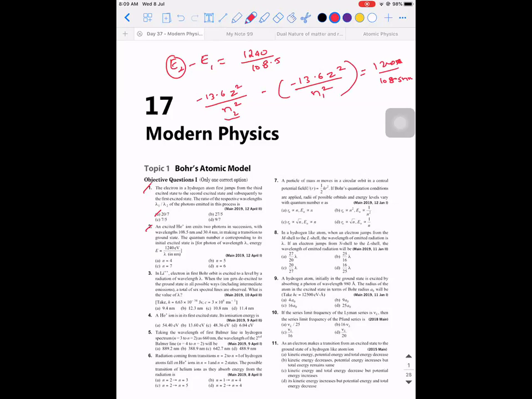Read the question. n2 is the higher orbit, n1 is the lower orbit. So what have they given? The quantum number n corresponding to its initial excited state.